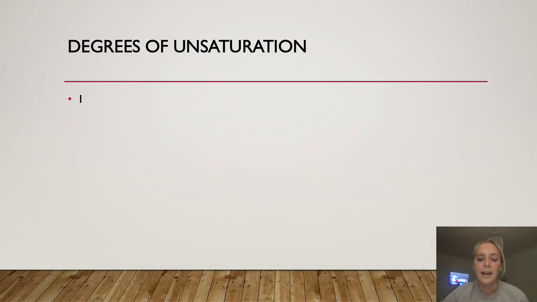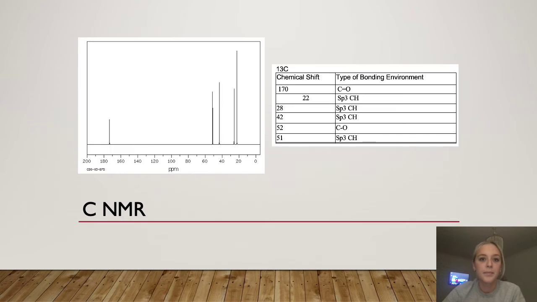That means I should have 14 hydrogens, but I only have 12, so I have 2 less. I divide that difference of 2 by 2 to get 1. So I have 1 degree of unsaturation, which means that there will be 1 double bond or ring in my structure, and that lines up perfectly with the 1 double bond we had, the carbon-oxygen double bond.